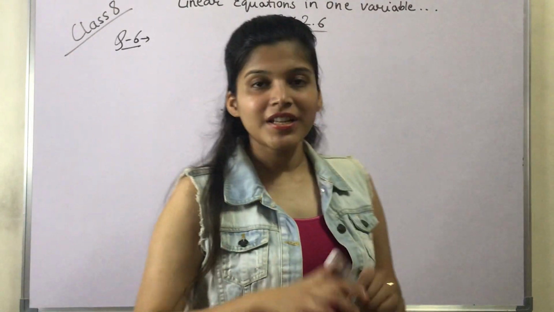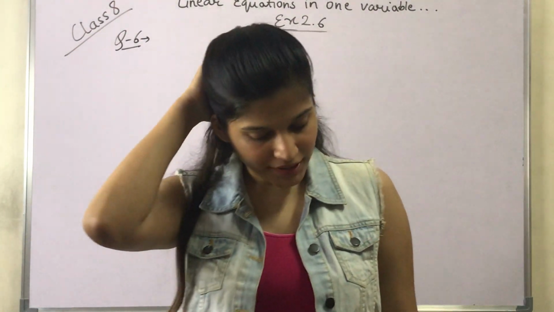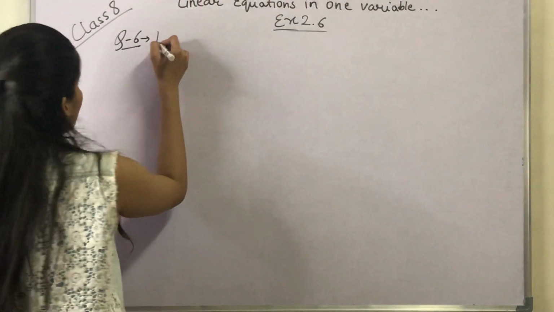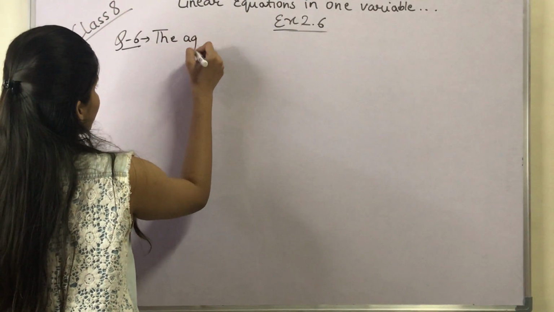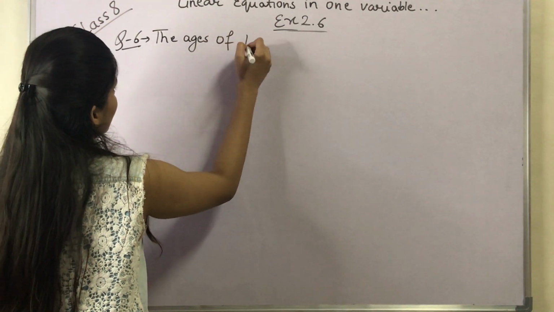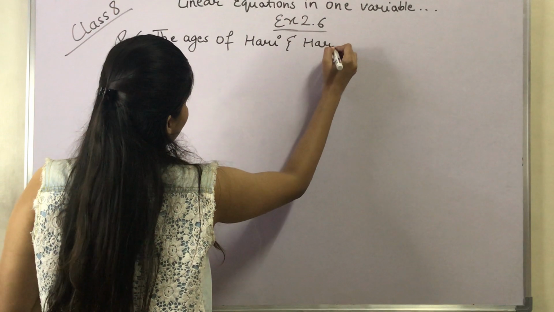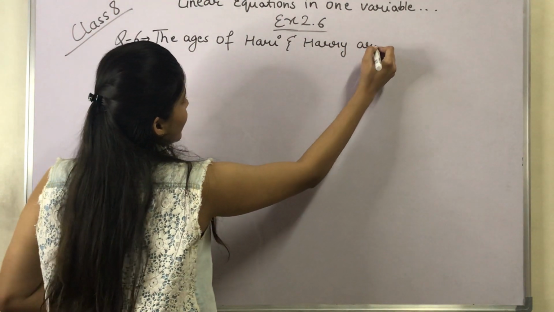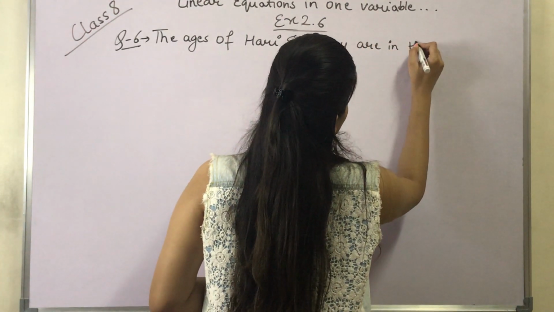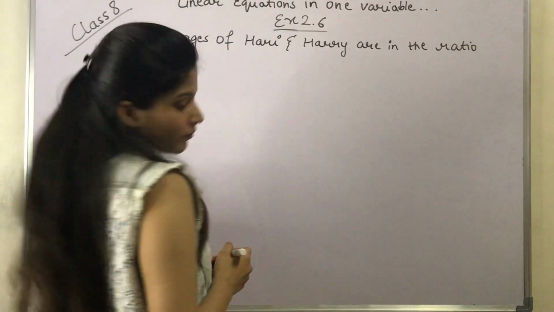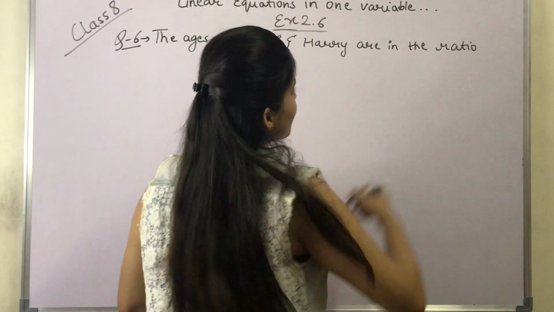Now children, question number 6 of exercise 2.6 is: the ages of Hari and Harry are in the ratio 5:7.